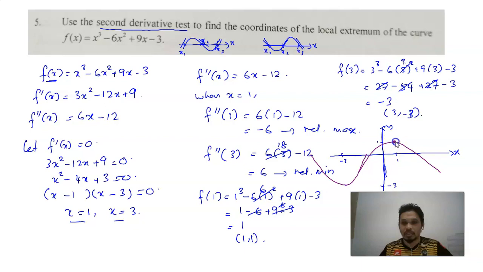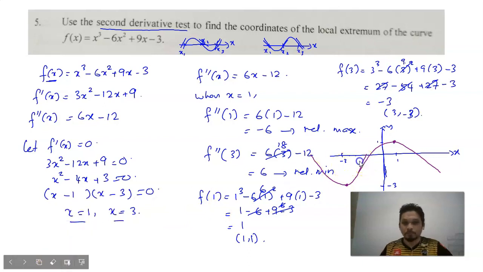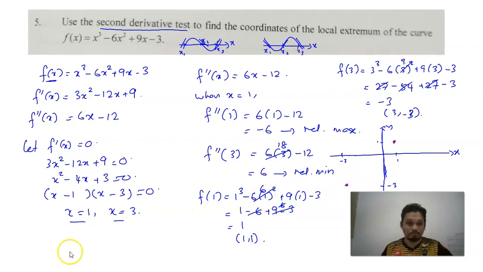So this is the peak and this is the lowest point. Or how can I say this one here? Sorry, bad sketching.